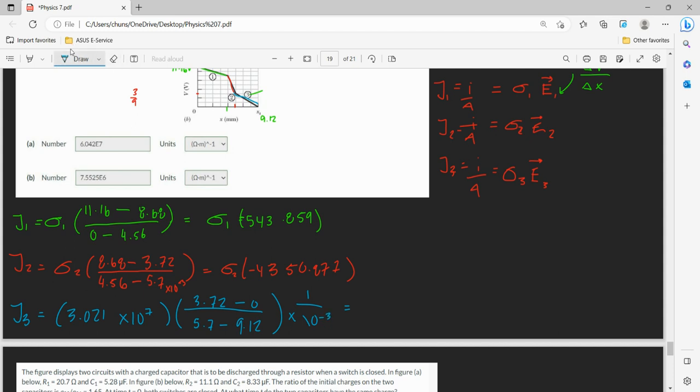So if we flip this, it becomes 10 to the 3 at the top. And this is going to be times 3.021 times 10 to the 7.